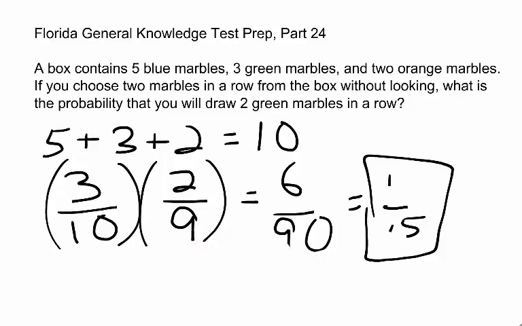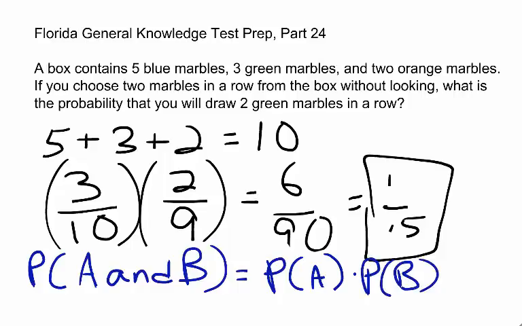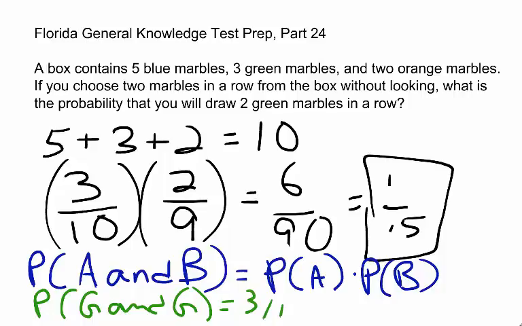Our general multiplication rule says that the probability of events A and B, in our case, the probability of getting a green and a green, is equal to the probability of event A times the probability of event B. So in other words, what we did is we said the probability of green and green is equal to 3/10 times 2/9.